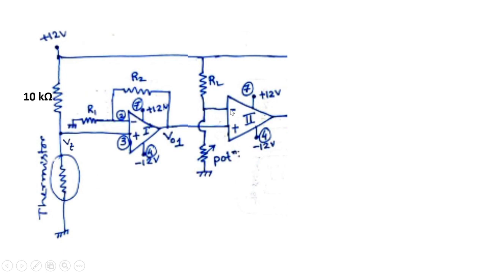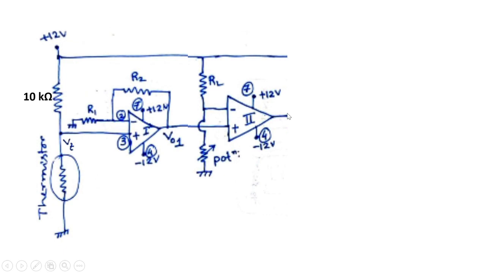So if the potential drop at this point is greater or lesser than the VO1 reaching the plus terminal, accordingly the output of the op amp will be judged.